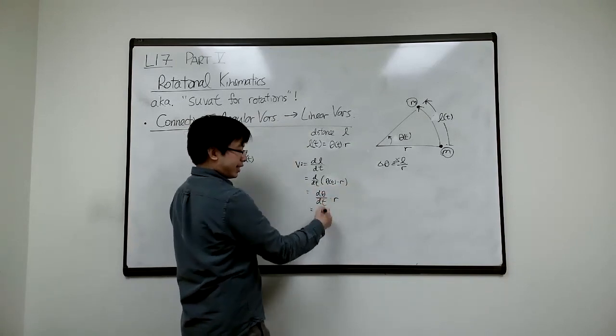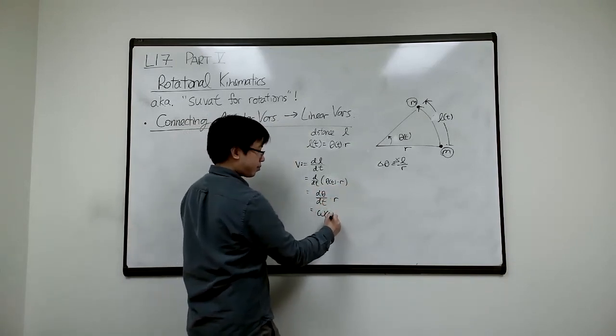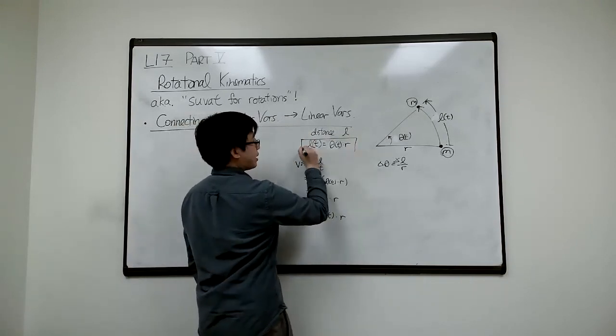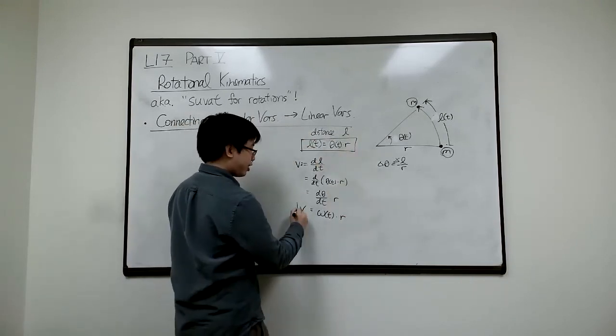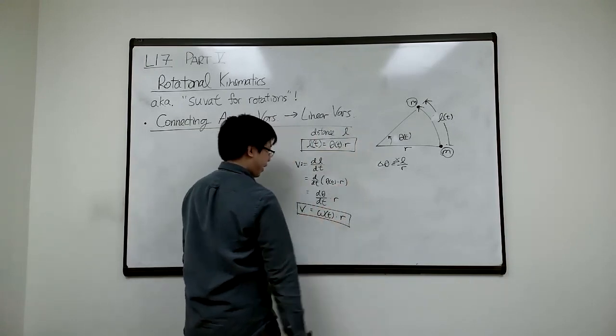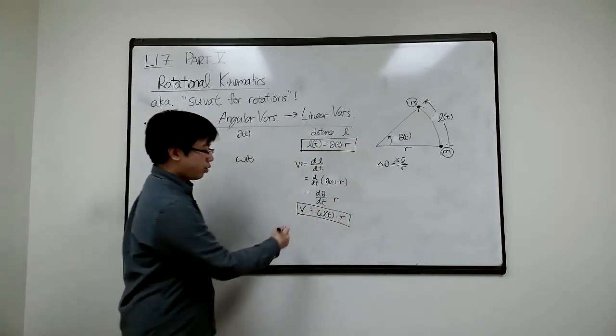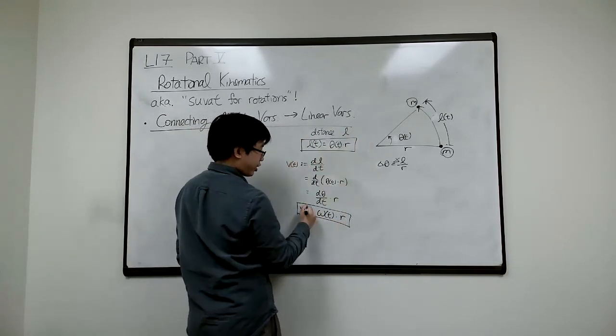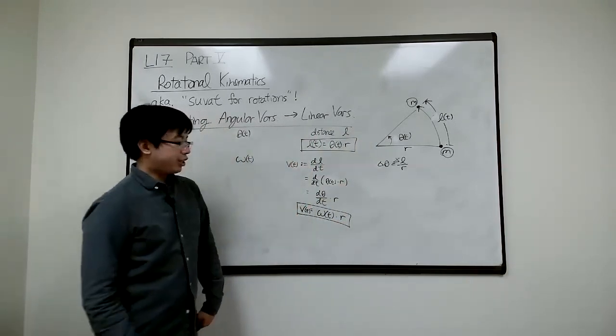So this is angular velocity. So the first relationship is this, the second relationship is this. I'm making the t explicit so you know what is a function of time and what's not a function of time.